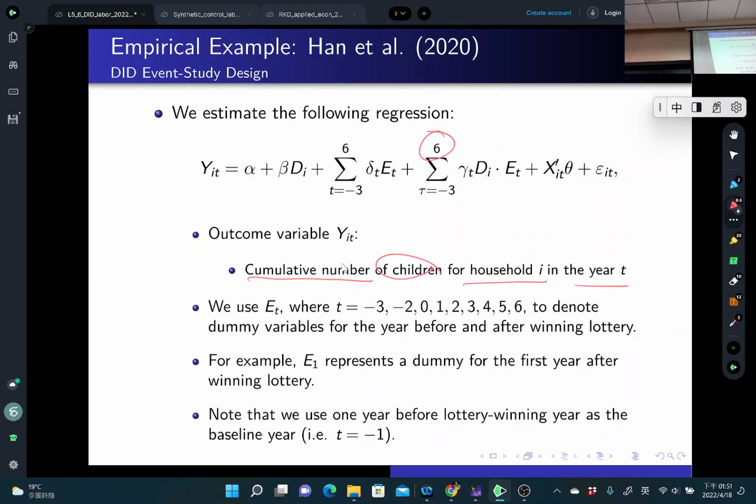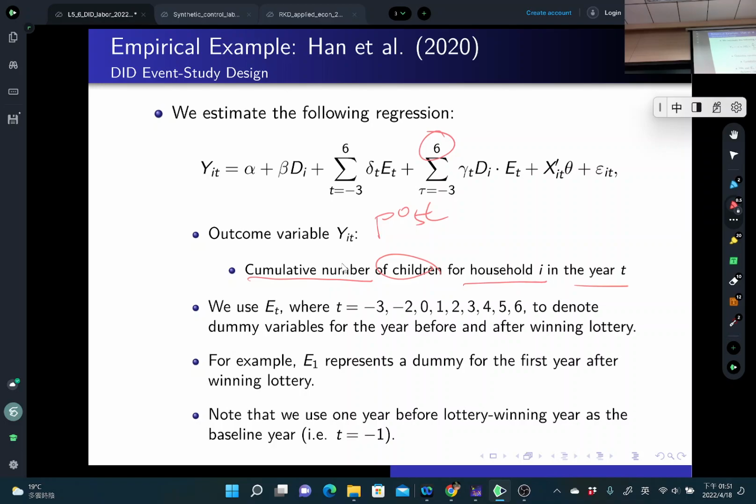So instead of the traditional difference just comparing before and after treatment, we create a dummy for each post-treatment period and pre-treatment period, for each year. Okay. And the key variable, as I said before, is the treatment group dummy times the event time dummy.